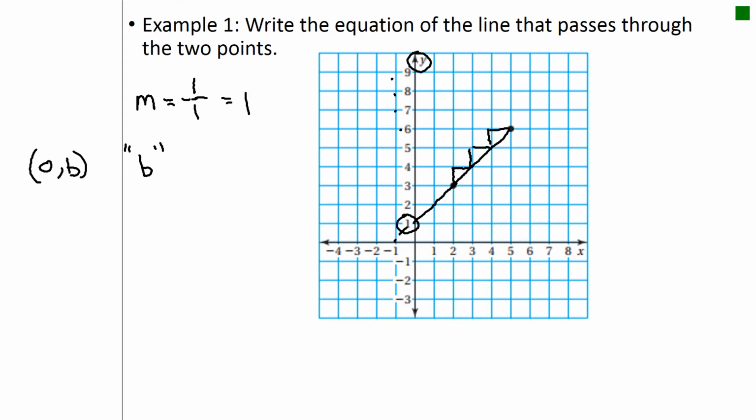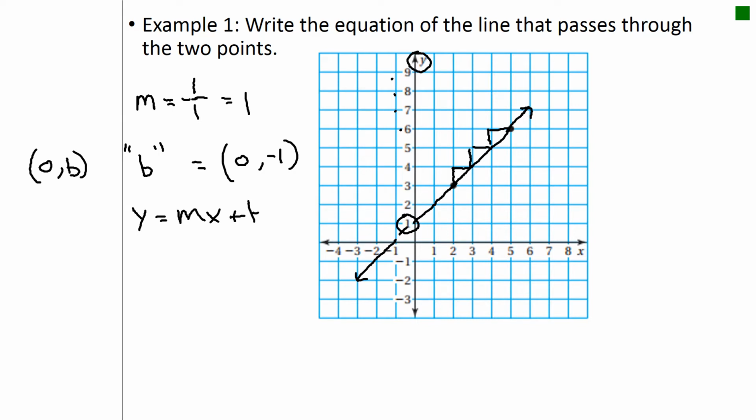Of course, this line continues on all the way through, and it continues all the way up here, but we're interested in this point right here. And so b looks like -1.